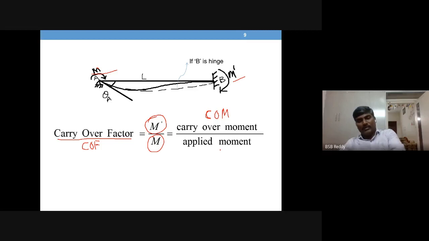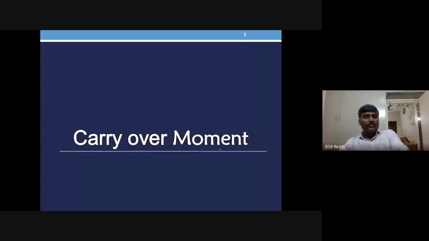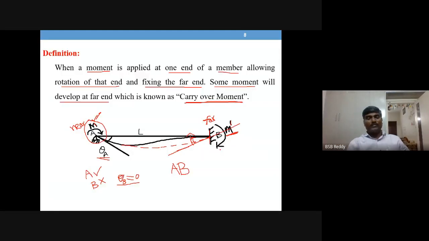So that is the information regarding carryover moment. What is carryover moment? Why does it come? And what is the carryover factor, the corresponding quantity?